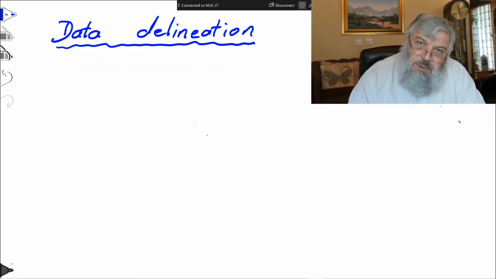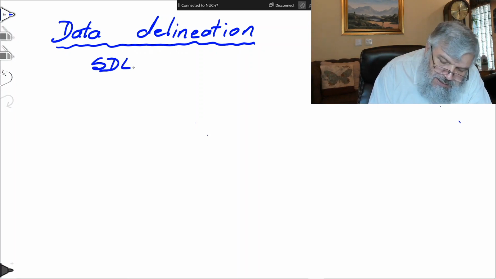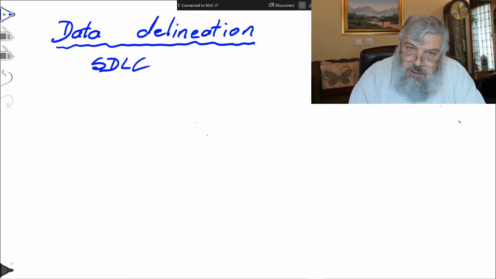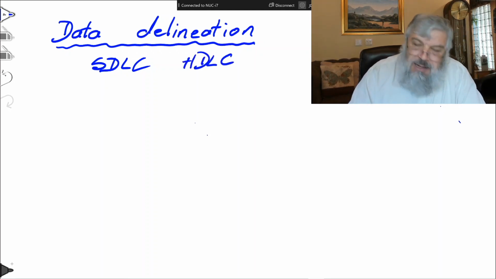Our next example of a layer 2 protocol is SDLC, the Synchronous Data Link Control Protocol. This is an IBM protocol, and after it was defined, it was also accepted in a sense by the ISO, and they defined a protocol that was heavily based on it, and they called it HDLC, the High-Level Data Link Control Protocol.